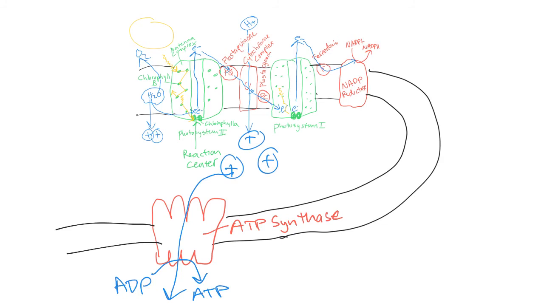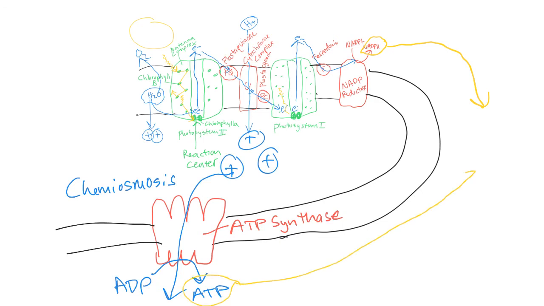Okay, and this process is called chemiosmosis, just like before. All right, so now we have some potential energy. Where is our potential energy in this? Yeah, so NADPH. And then where else? ATP, right?